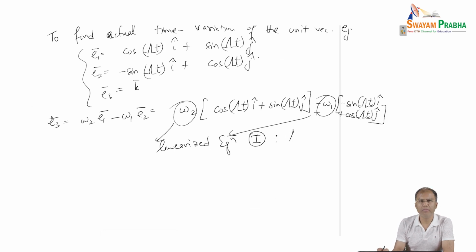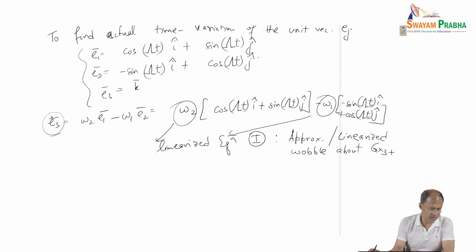By plugging in these omega 1 and omega 2, we can find the approximate, or the linearized, wobble about the E3 axis, and that is what we wanted.